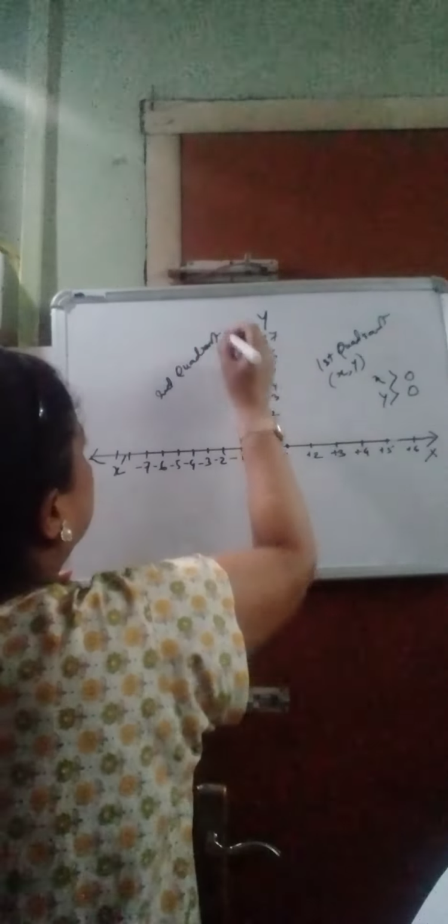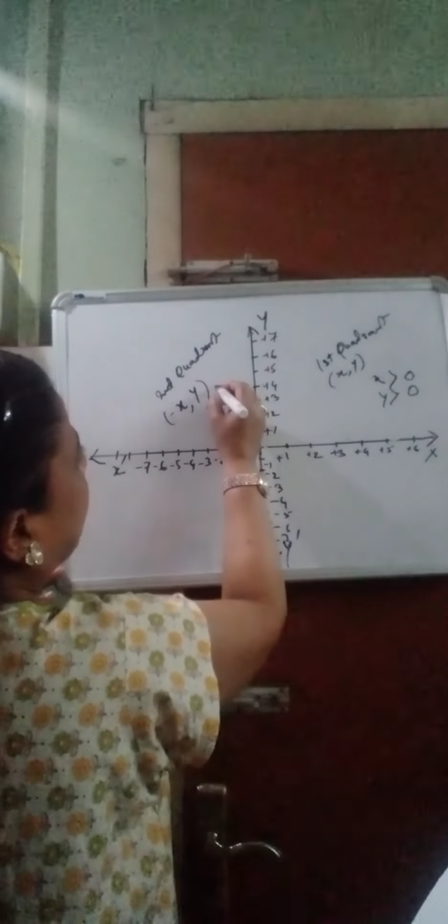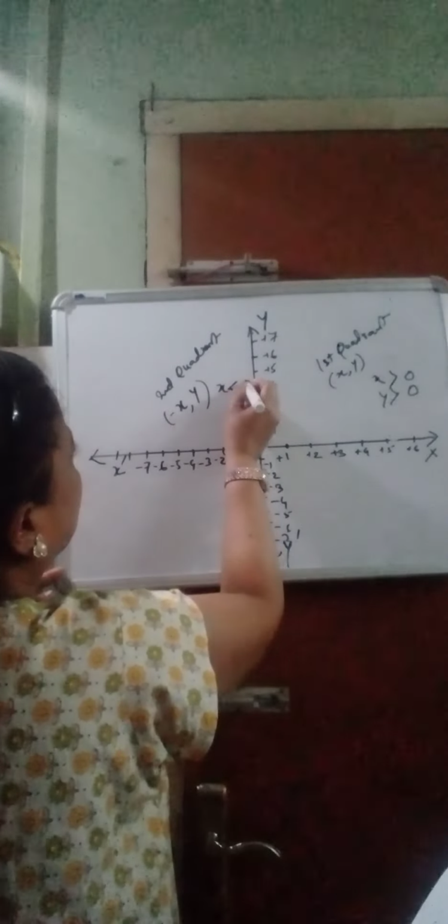That means x is greater than 0 and y is also greater than 0 in this quadrant. In the second quadrant, x becomes minus and y becomes plus because it is above. So here x is less than 0 and y is greater than 0.